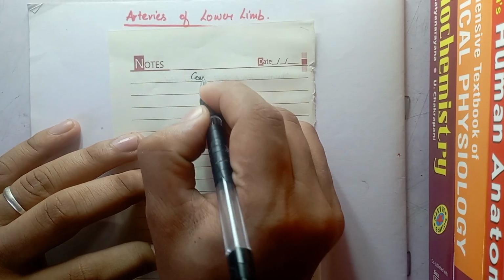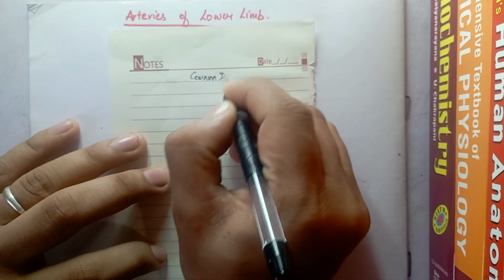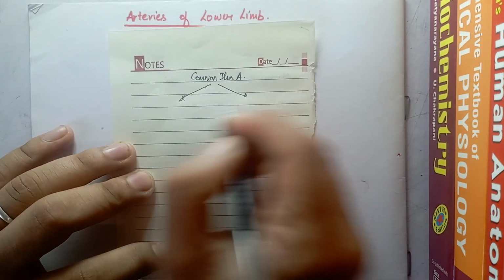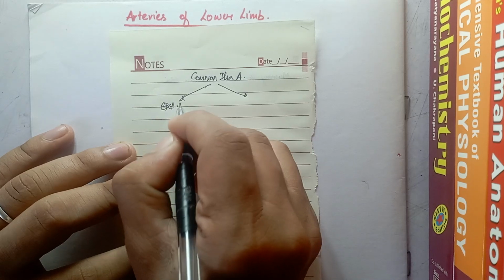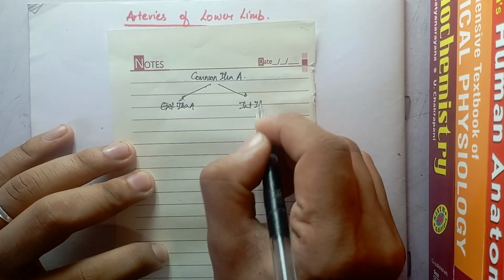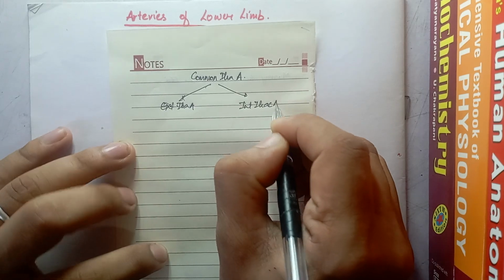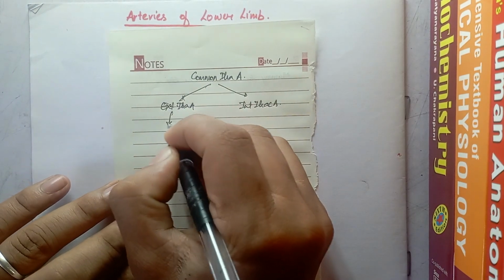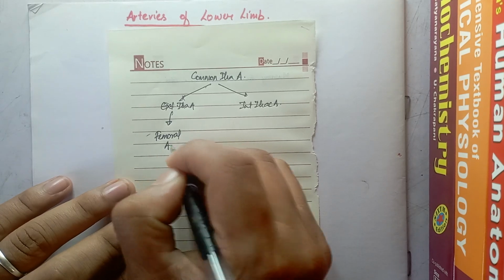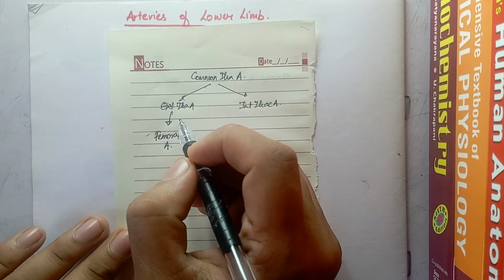The common iliac artery will give two branches, the external iliac artery and the internal iliac artery. The external iliac artery will be known as the femoral artery after it has passed through the inguinal ligament.